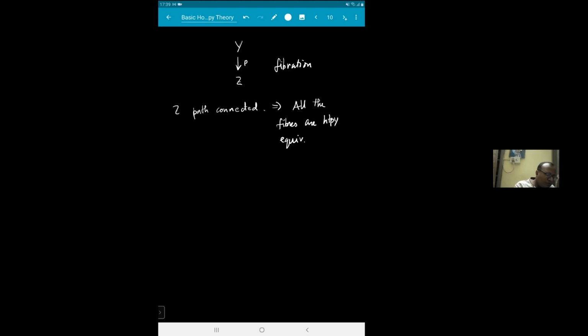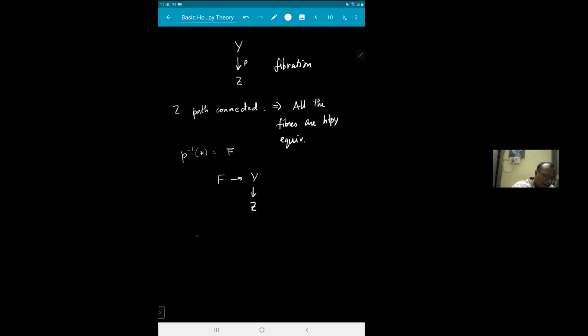So you can put some F here. I put a star to be the base point, so I write this as F. But if I took any other point, I would get something which is homotopy equivalent. So we usually write a fibration like this. The assumption is F is the inverse image of the base point.